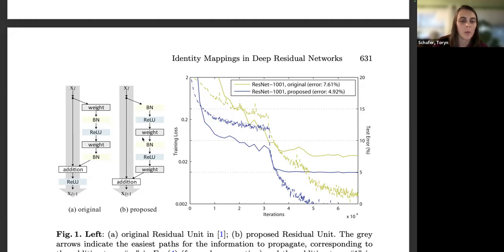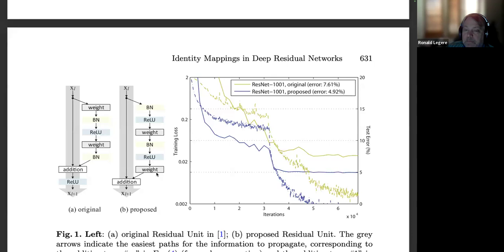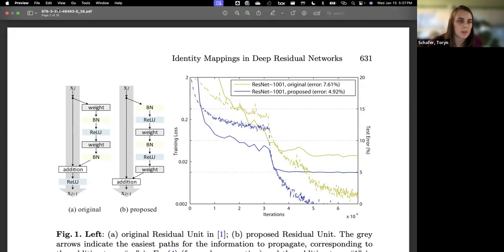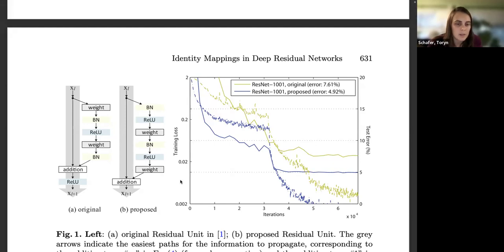Now we move that to the right so that we have a true identity. We want XL and XL plus 1 to be similar and maybe just perturbed by this addition. In principle, they could be exactly the same if all of these weights are 0. But on the left, they wouldn't be 0 because that ReLU would take out all the negatives. Yep, exactly. Okay, great.